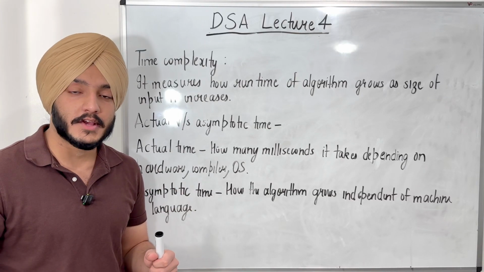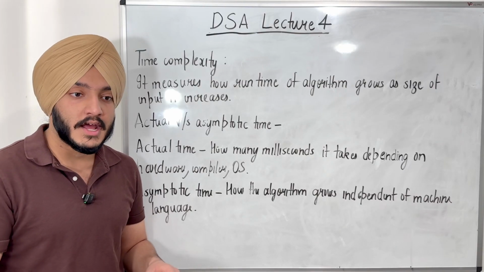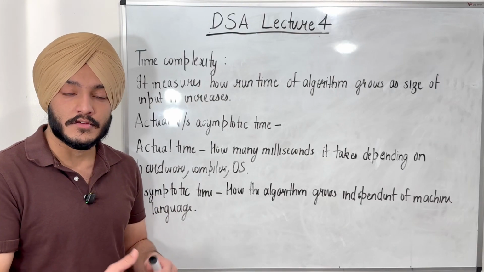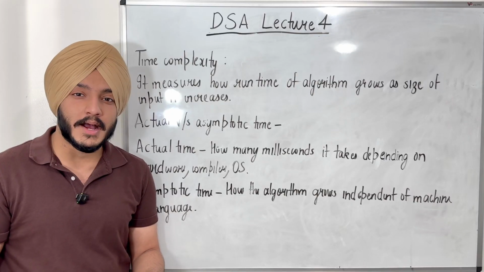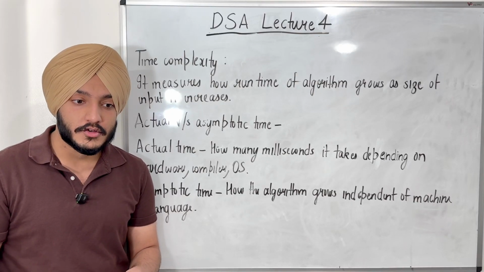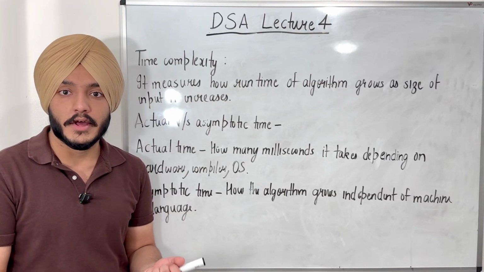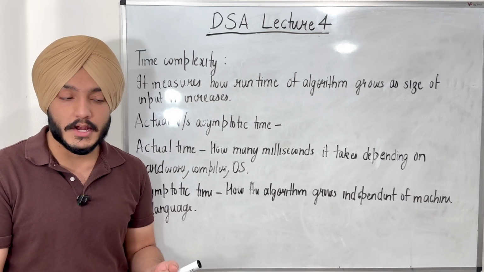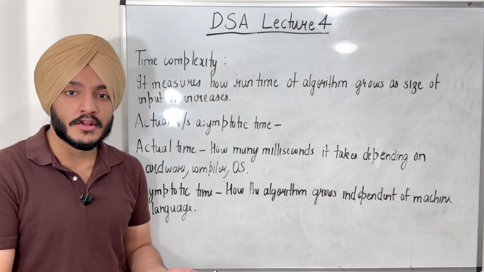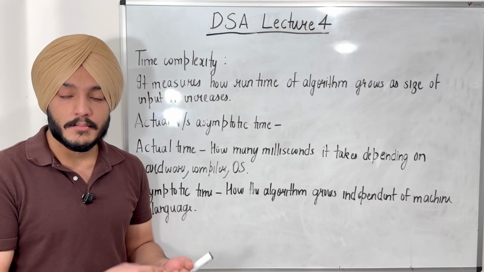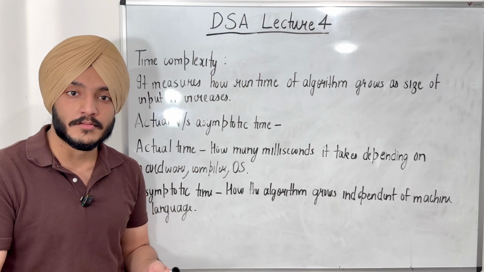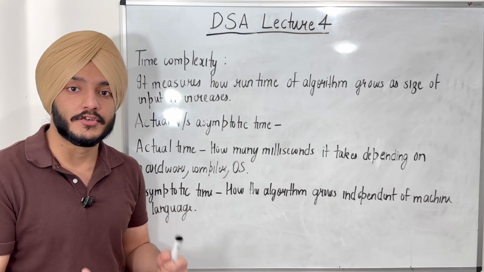You can open a website in just a few seconds, and game loading times have decreased as well. So how did this happen? Very important to understand. One is obviously the hardware has improved over the time. But the second thing is that the algorithms have also gotten faster. People discovered better and better algorithms which run faster and are more efficient.